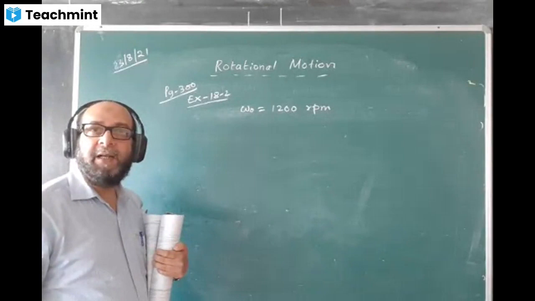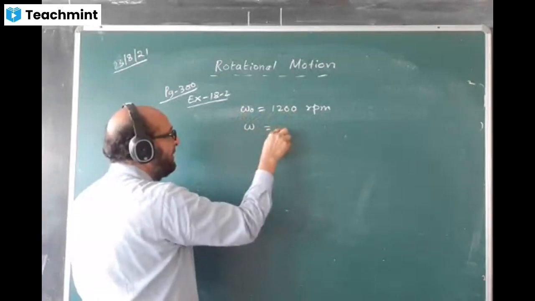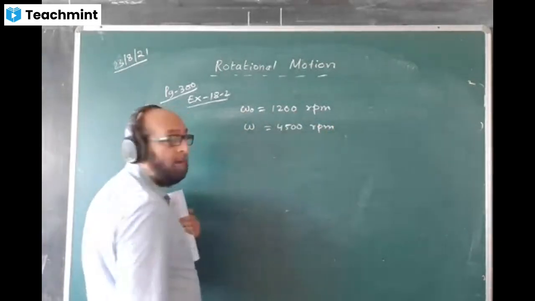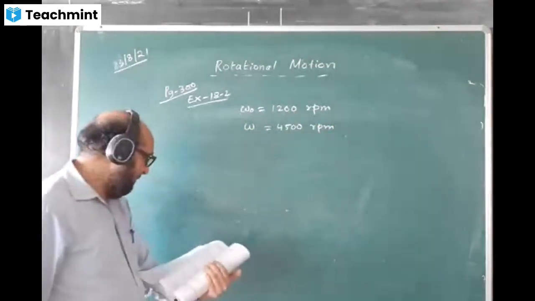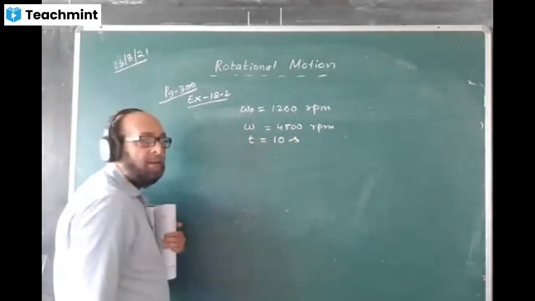Okay, omega naught is this. Omega is given 4500 rpm. Timing is given here, 10 seconds. That's the t value.